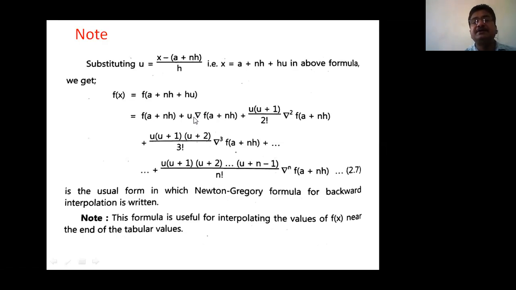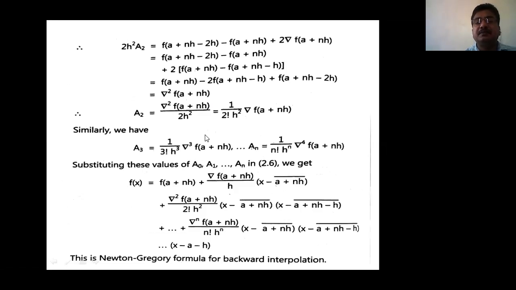Then what is the simplification of this term? What is the term? x minus a minus nh divided by h is what? Is u. And then the simplification of x minus a minus nh, x minus a minus nh plus h divided by h square.